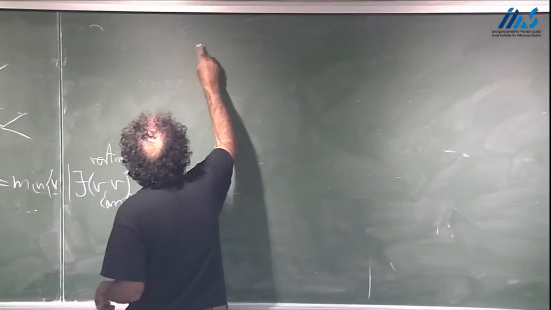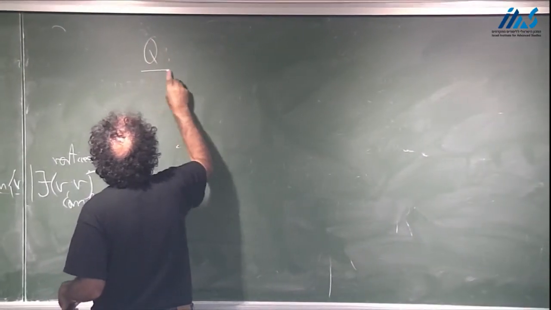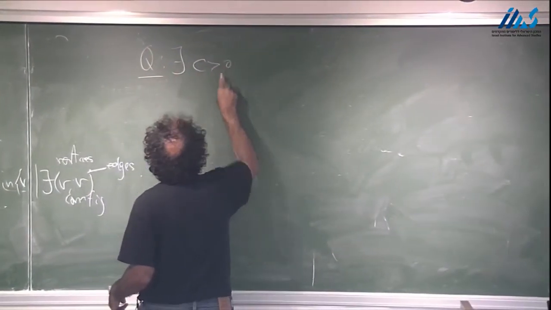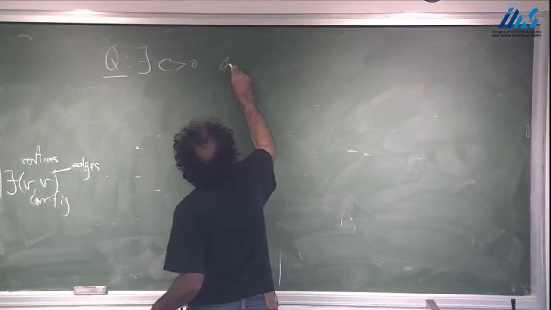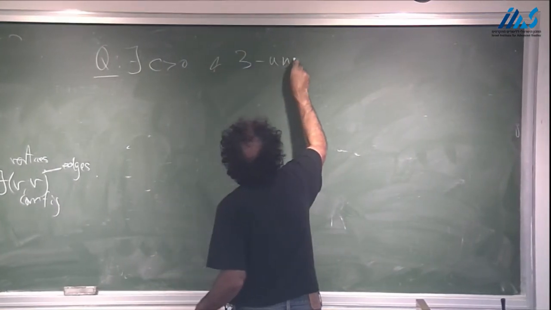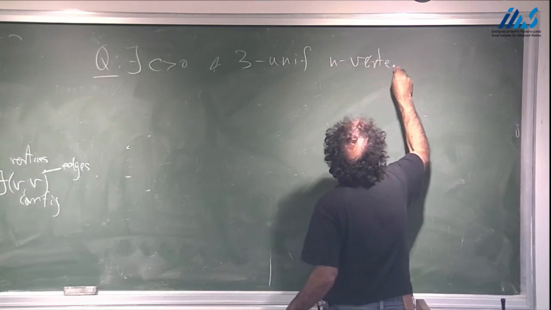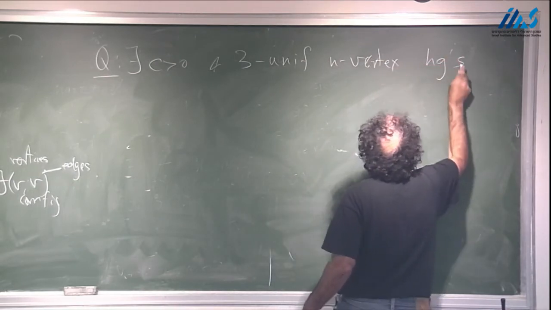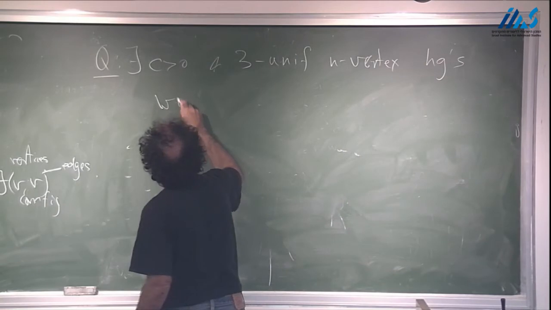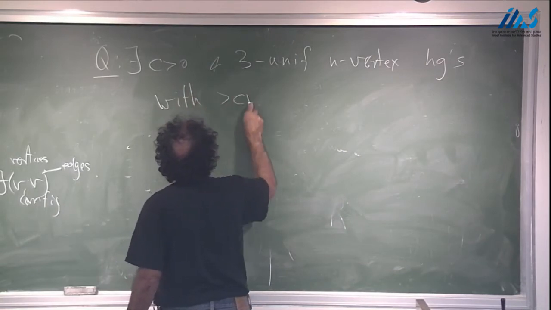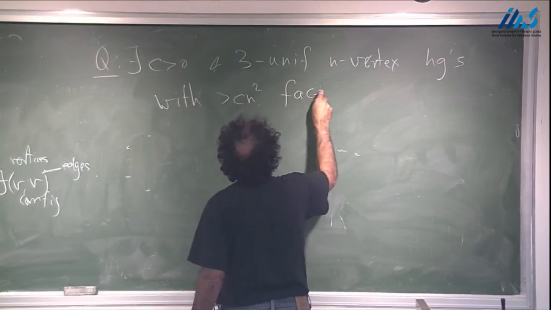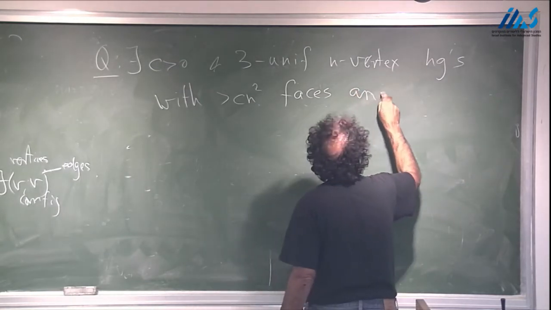Does there exist an absolute constant C and 3-uniform n-vertex hypergraphs with at least C n squared faces and arbitrarily large girth?